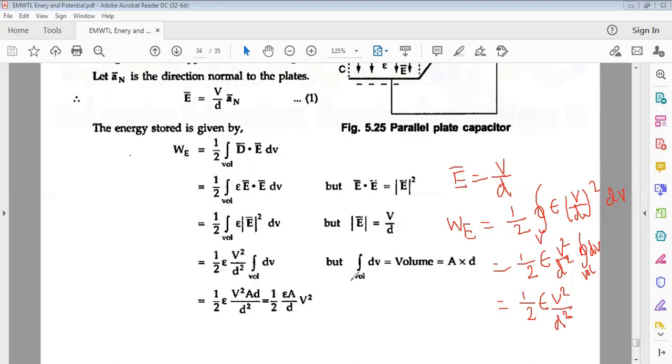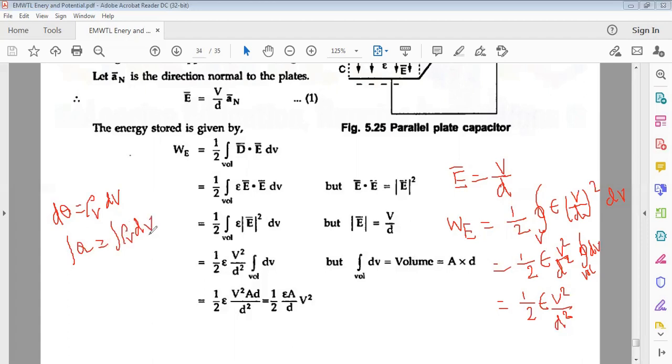The volume integral of dv is, actually, see here, dq is equal to rho v into dv. The integral of q is the integral of rho v into dv, where rho v is the charge density.